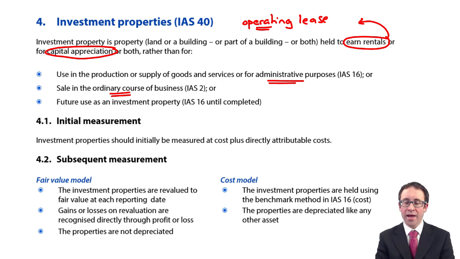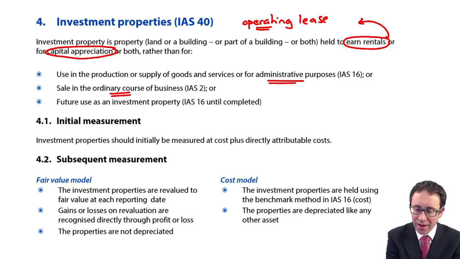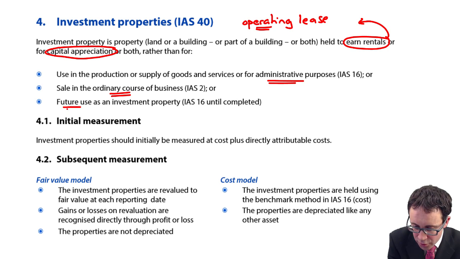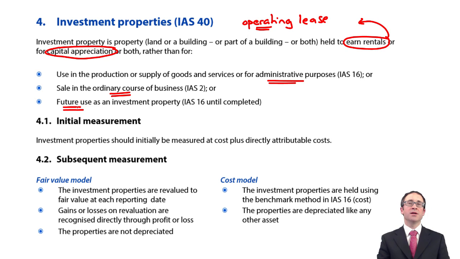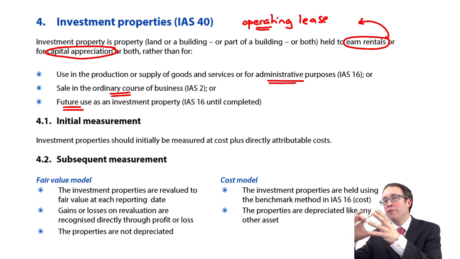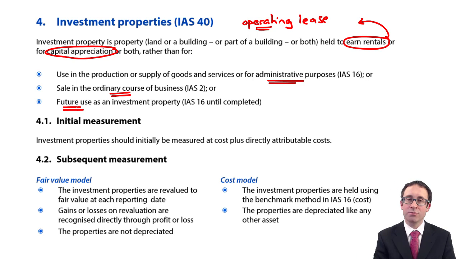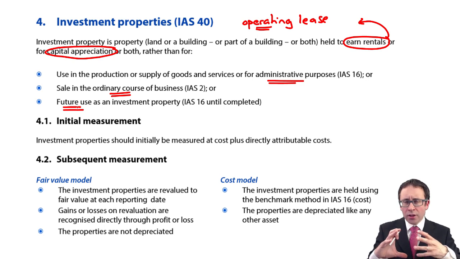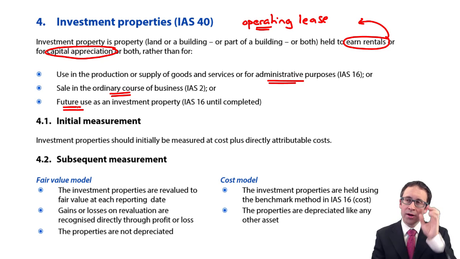So that fulfills the IAS 2 definition. Likewise, if you have buildings that you are constructing for future use as an investment property, that is not IAS 40 until it's completed. You follow the normal rules of IAS 16 first, and then once it's complete, you transfer it from PPE into investment property. So just keep a lookout for those scenarios.